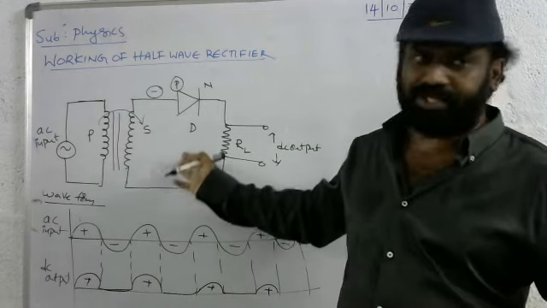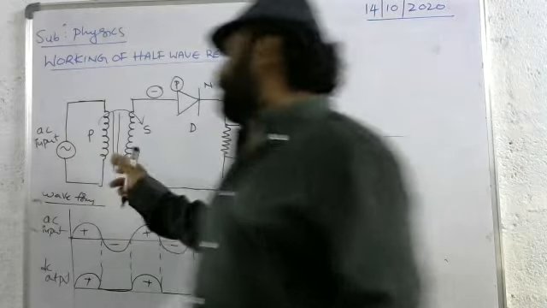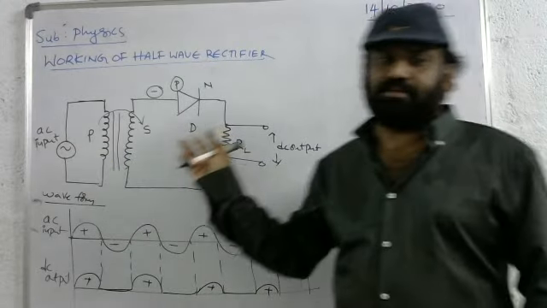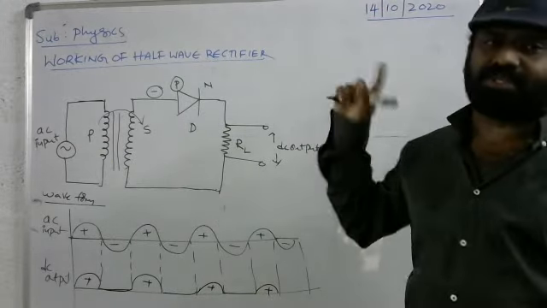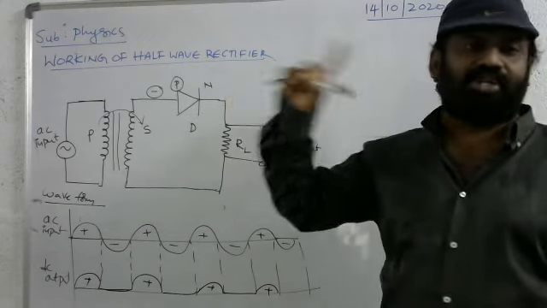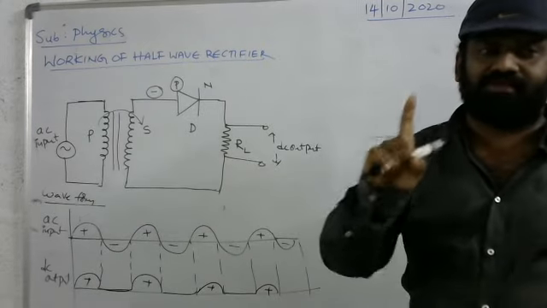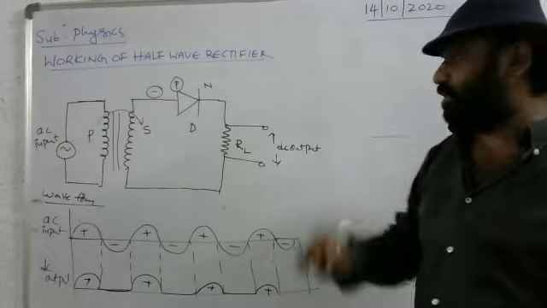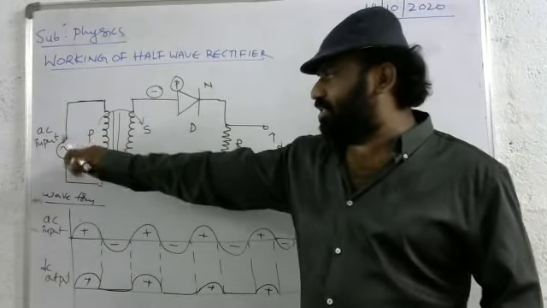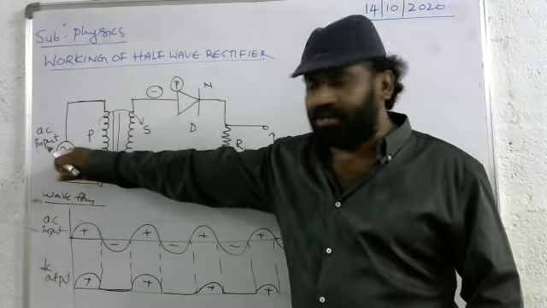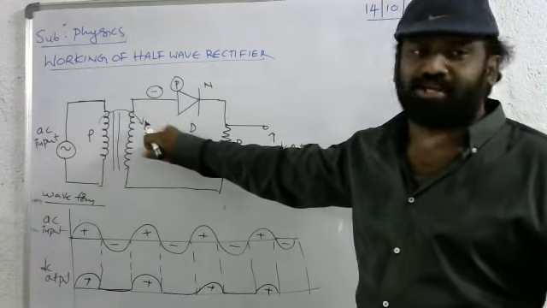Here I have already drawn the diagram. First point, the half wave rectifier is constructed with a single diode D. Second point, the AC input signal is given to the primary coil and it is induced to the secondary coil.